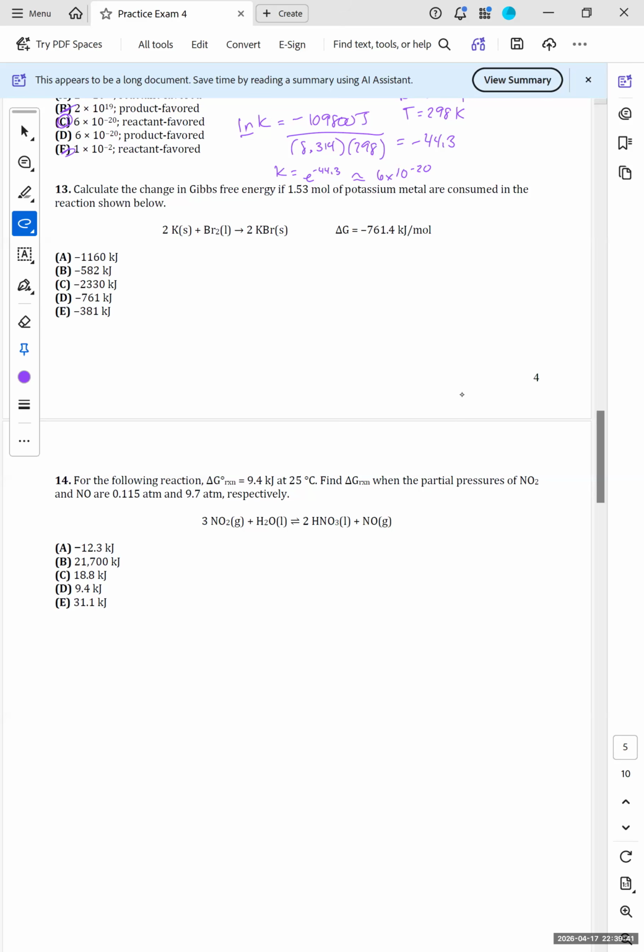We're just going to throw it into our equation. 1.53. This is 2 moles of K.